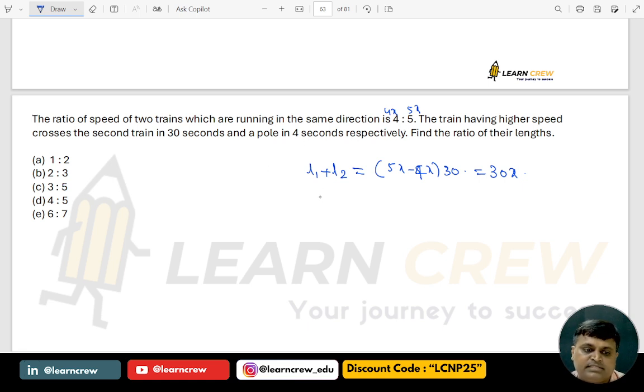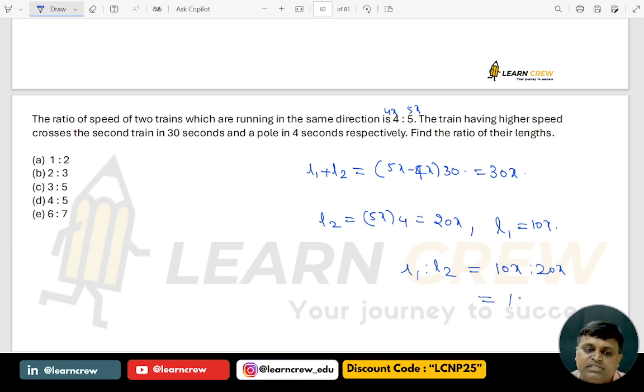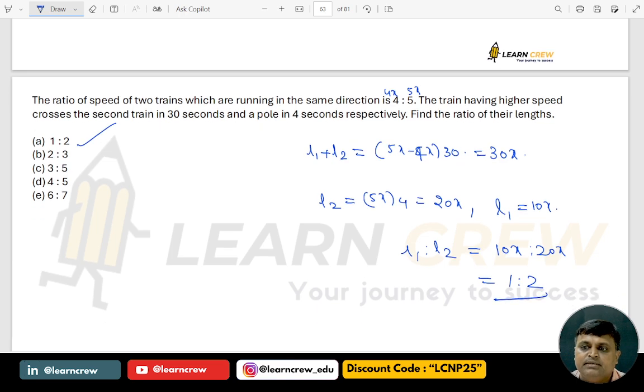To cross a pole, it has to cover its own length, L2, with a speed of 5x into 4 seconds. So L2 is 20x, so L1 is 10x. Now you need the ratio of the lengths. L1 is to L2, 10x is to 20x, is 1 is to 2 is the answer. So option A is correct.